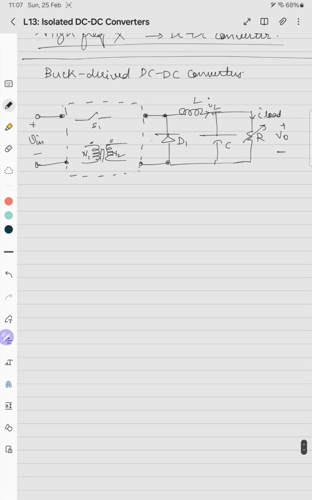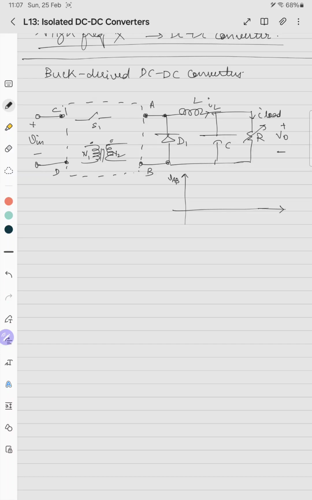So let's say this is A and B. If we draw the voltage waveform AB of a conventional DC-DC buck converter, assume there is no transformer and the switch is directly connected between, say, C and D. For a non-isolated DC-DC buck converter, terminals B and D are directly shorted, and between C and A there is a switch S1.